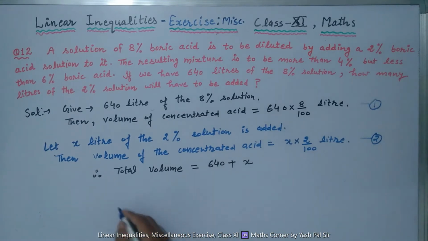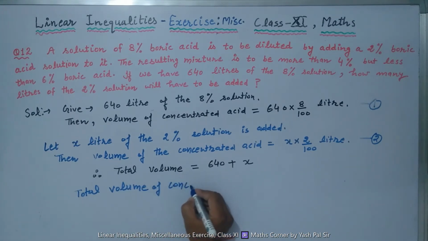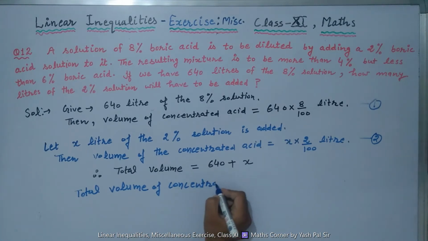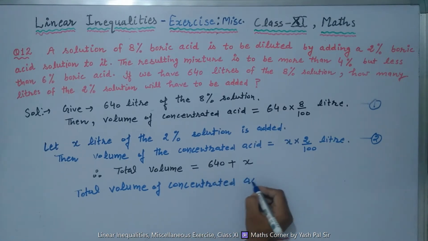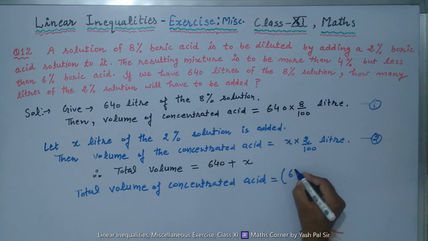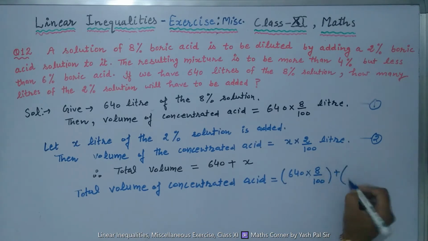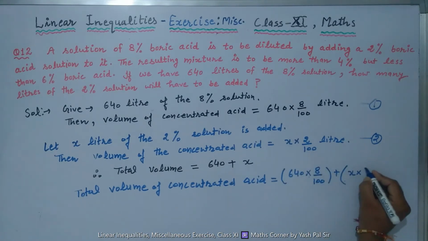Adding 1 and 2, what we have, total volume of concentrated acid, which is equal to 640 into 8 upon 100 plus x into 2 upon 100.